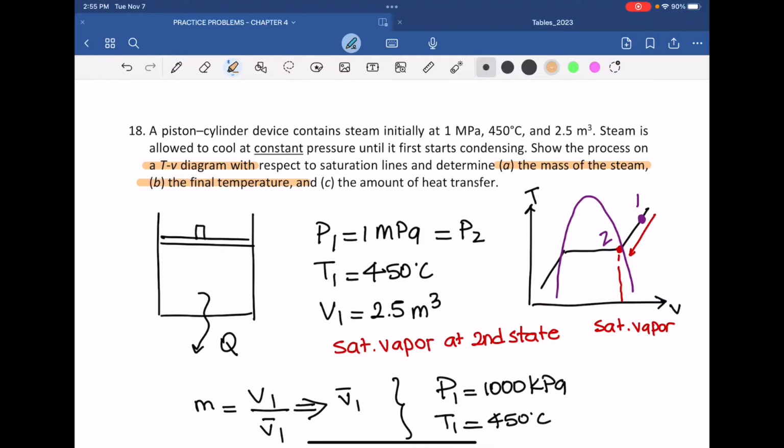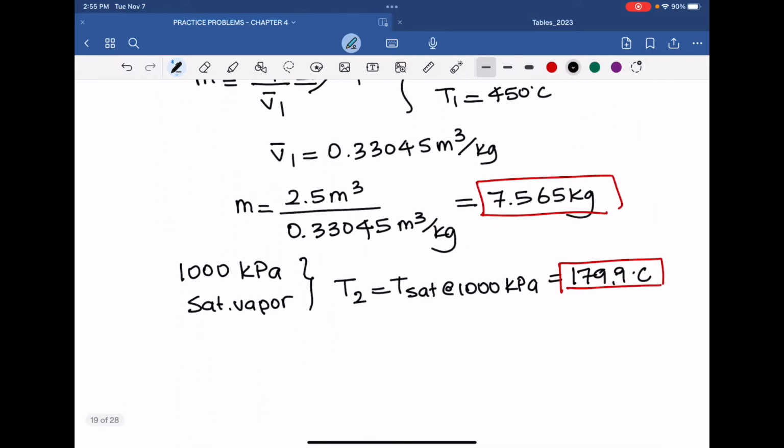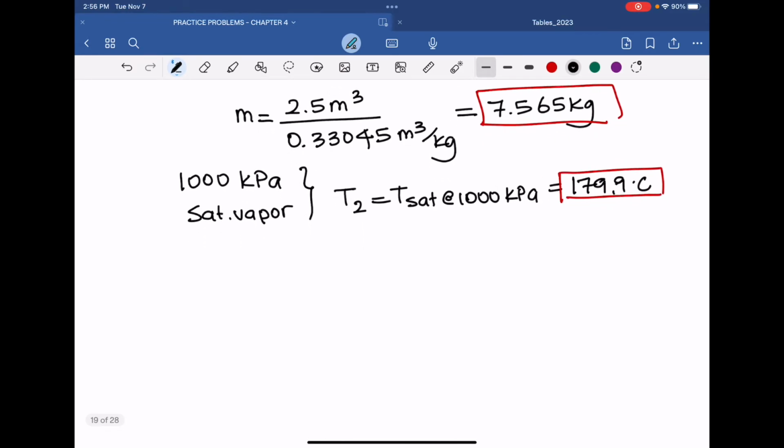And now the amount of heat transfer. The only way to find the amount of heat transfer is if we use the energy balance. This is how I would do it.